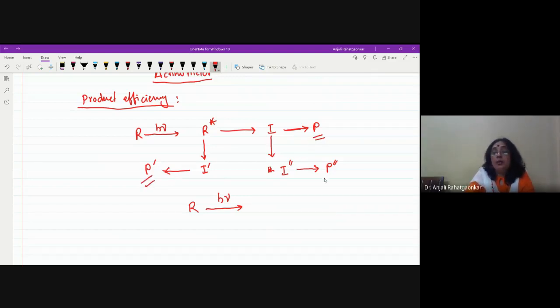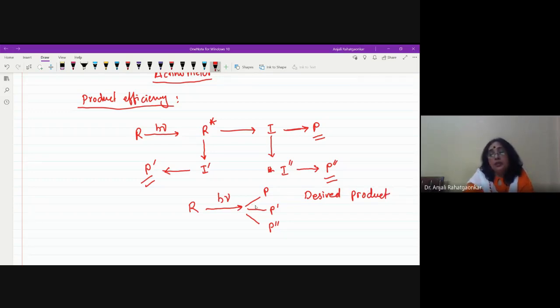So R is converted into P, R is converted into P dash, and R is converted into P double dash, or double dagger, we can say. It means that, which one is the desired product? You are getting my point.